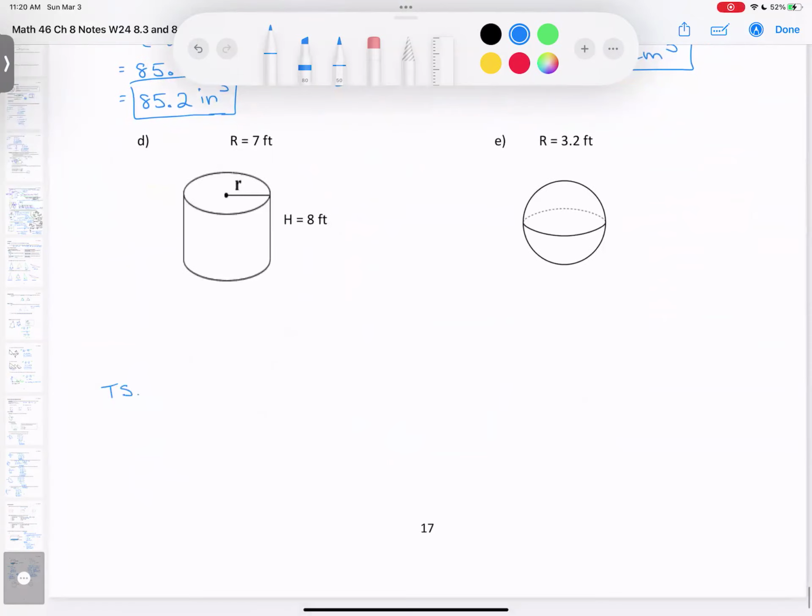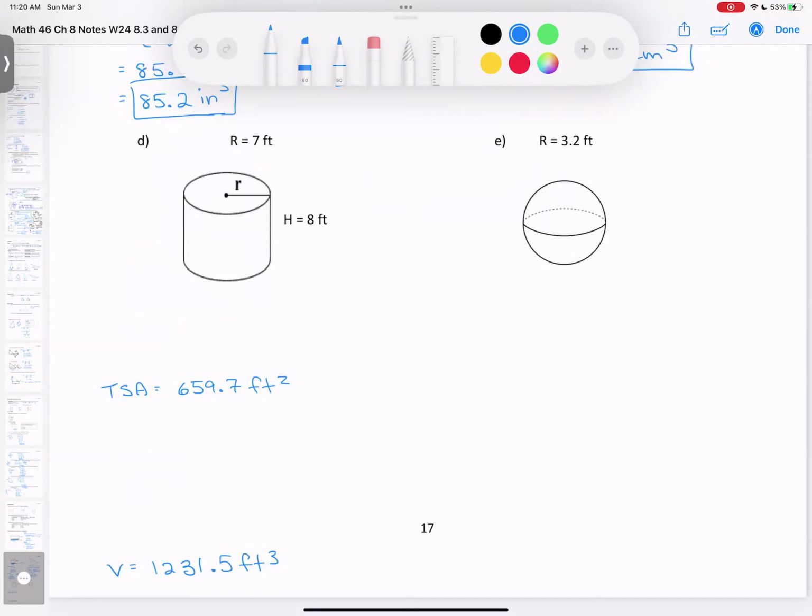But for this next one, you should get a total surface area of 659.7 feet squared. And your volume here, I'll write down as well, 1,231.5. And that's going to be feet cubed.